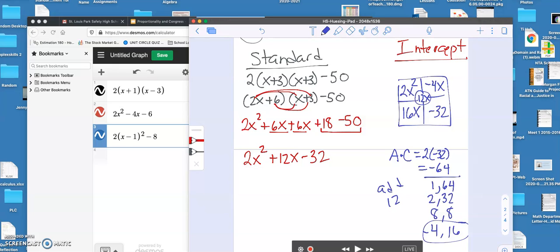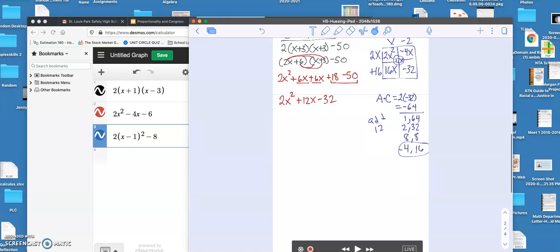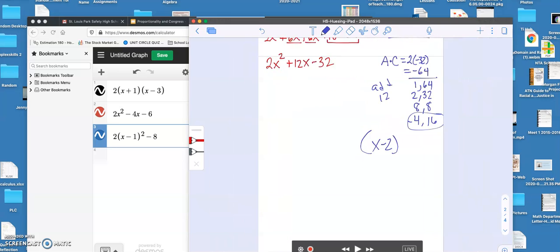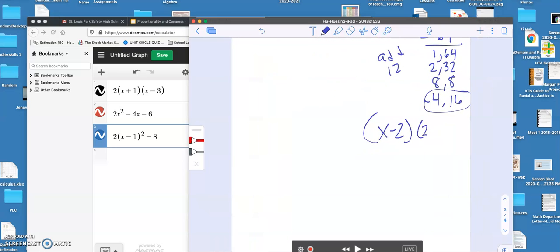Okay, so find the outside. One side has to have 2x, and again, it doesn't matter whether it's the side or top since 2 goes into both the first column and the first row. So 2x and x. So this would be minus 2 to give us negative 4x, and plus 16. So we factored this into x minus 2 and 2x plus 16.